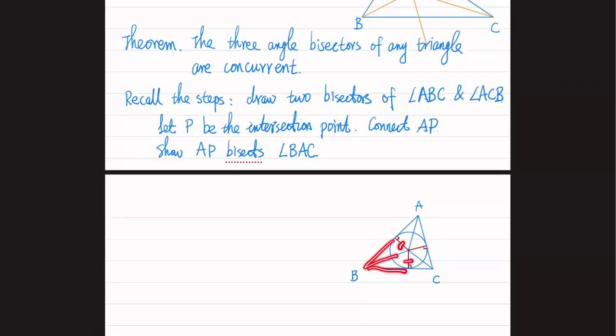These two sides, same length. These two triangles congruent, these two sides same length. In particular, the three are the same length. Then we show these two triangles are congruent. Therefore, the two angles are the same. This is the angle bisector. That's from our homework.